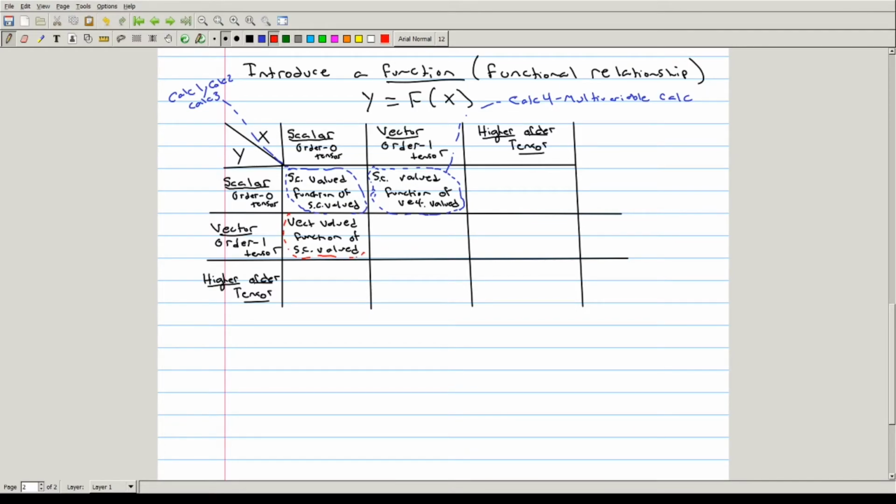And I'm going to highlight this in red because this is what chapter 11 is about, and we'll be starting our course here. Because it provides the most straightforward extension and discussion of how to deal with certain operations and extend certain operations from calculus 1, 2, and 3 to more complicated mappings.